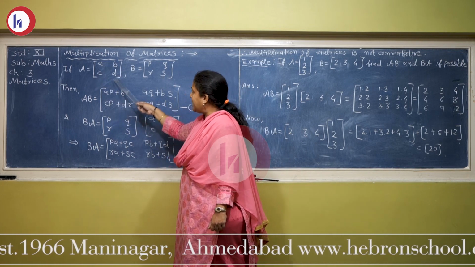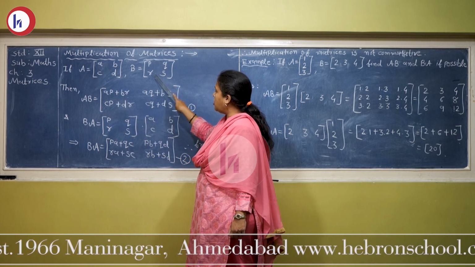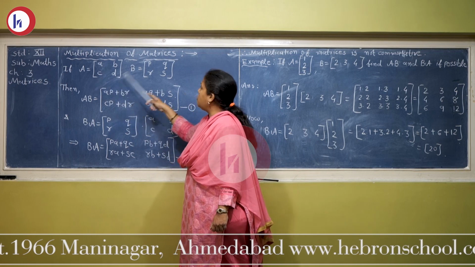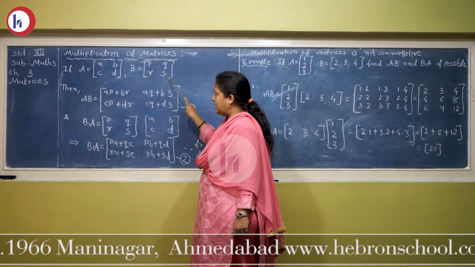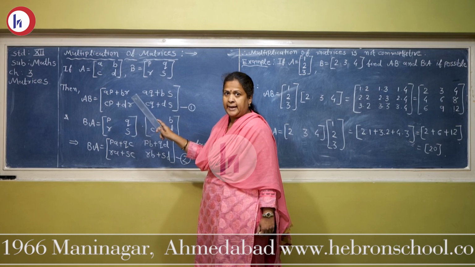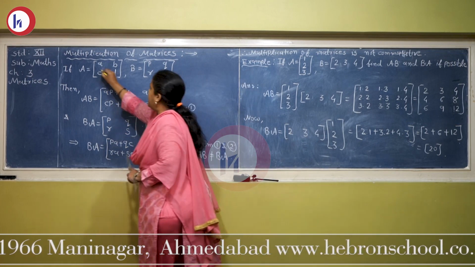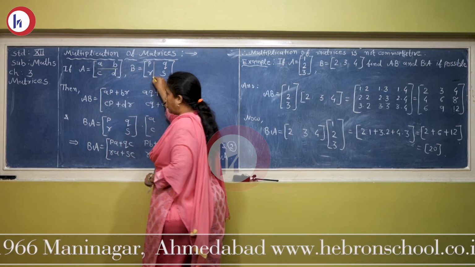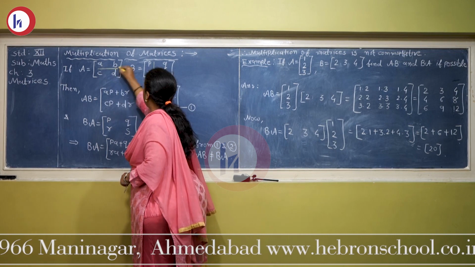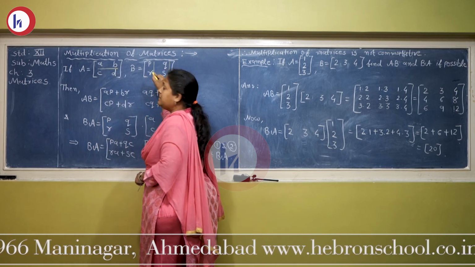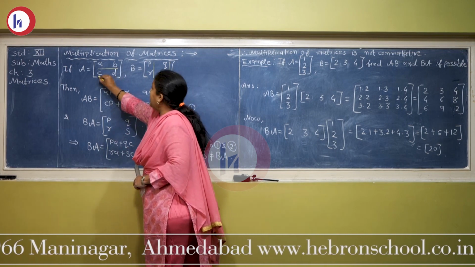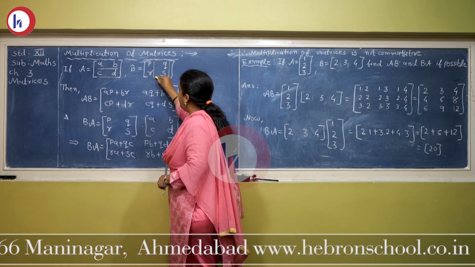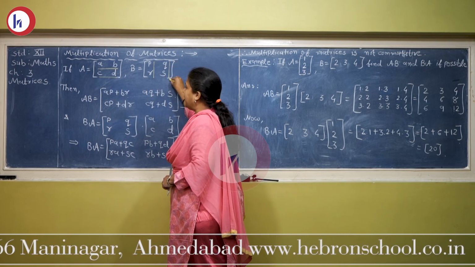After that the second row multiplied by the first column and the second row multiplied by the second column. Remember this once again. In the same manner, the second row is multiplied by the first column and the second column.